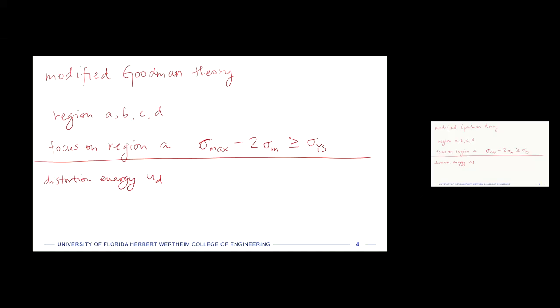So we don't just have one distortion energy. We have no distortion energy, and then when the load is fully applied, we have our maximum distortion energy, right? And then we have everything in between at some point as well.